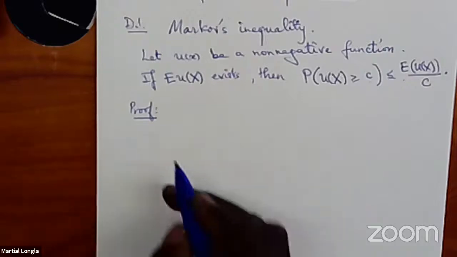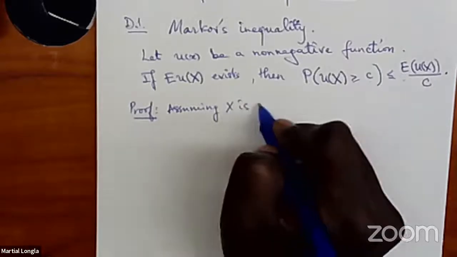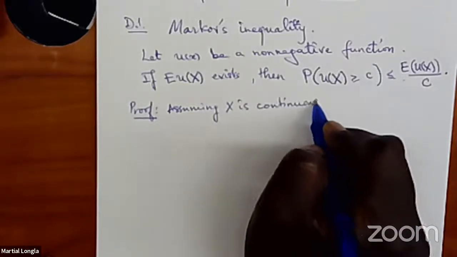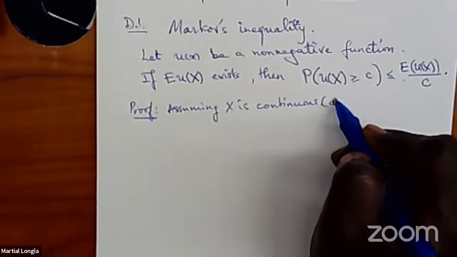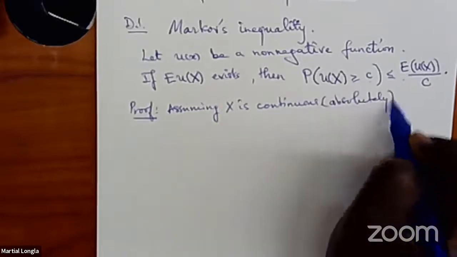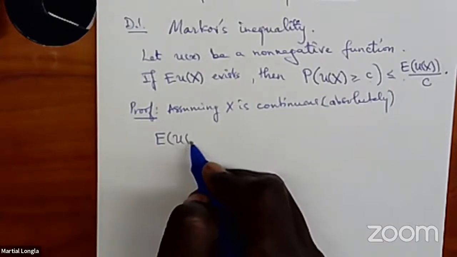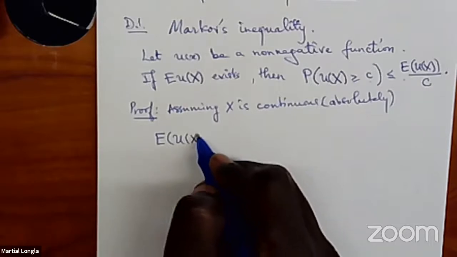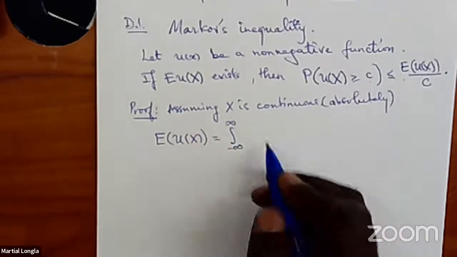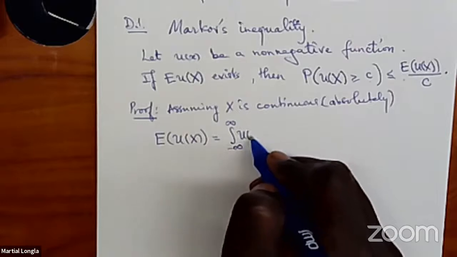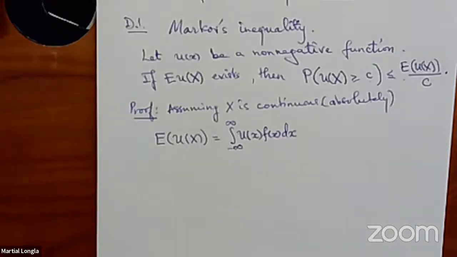So here, if I'm assuming x is continuous, then expected value of u of x is equal to the integral from negative infinity to infinity of u of x little f of x dx. That's the definition.